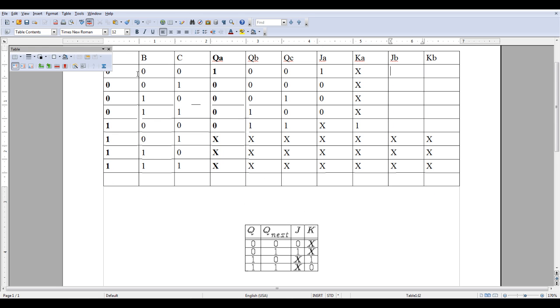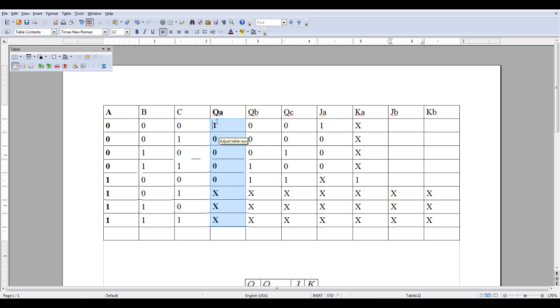Let's de-highlight that. Also this. We look at this and that for JB and KB. So we have 0 to 0, we know that's 0X.